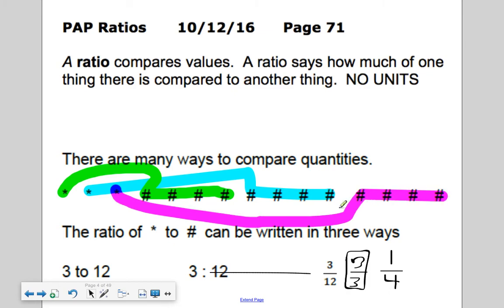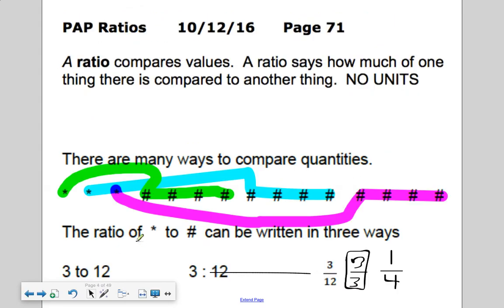So I'm comparing 2 quantities. Comparing 2 things, I could say there are 3 asterisks to 12 number symbols. That's comparing. Or I can say there's 1 asterisk for every 4 number symbols. That's comparing.